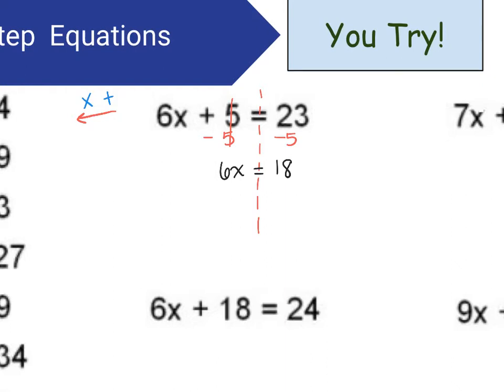Undo multiplication with division. 6 divided by 6 is 1, and 18 divided by 6 is 3. So the answer is 3, or at least we hope it is. Let's check. 6 times 3 is 18. 18 plus 5 is 23. It works.